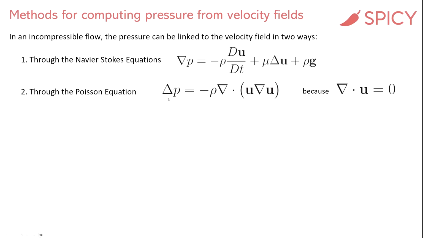Now the second link that we can build from pressure and velocity is through the pressure Poisson equation, and this is obtained by taking the divergence of the first equation. The reason why this is interesting is that for an incompressible flow, continuity says that the divergence of the velocity field is equal to 0.